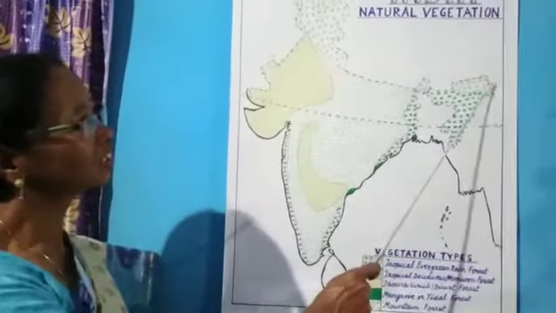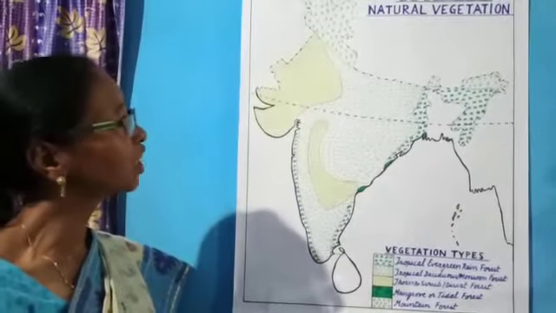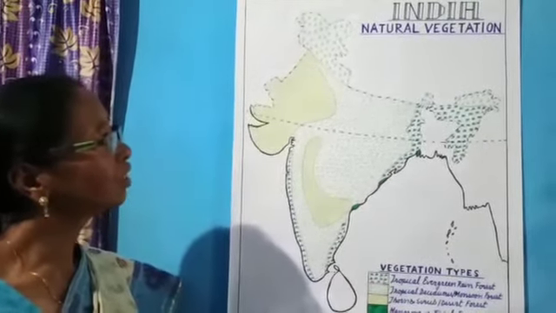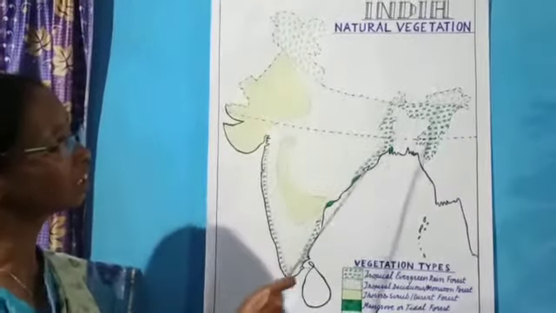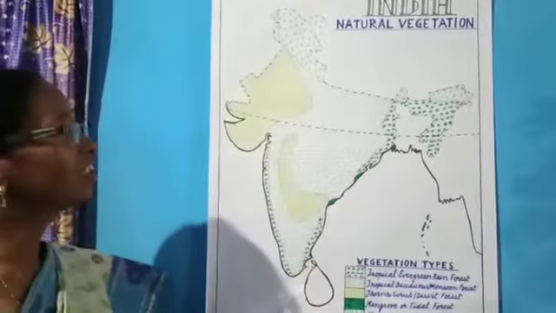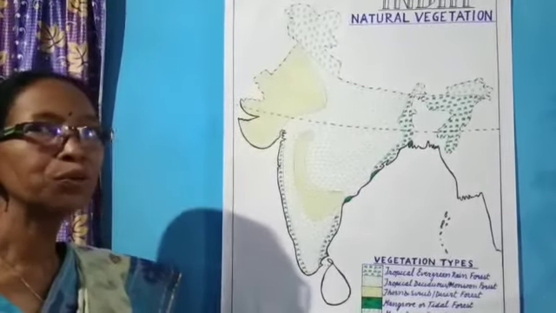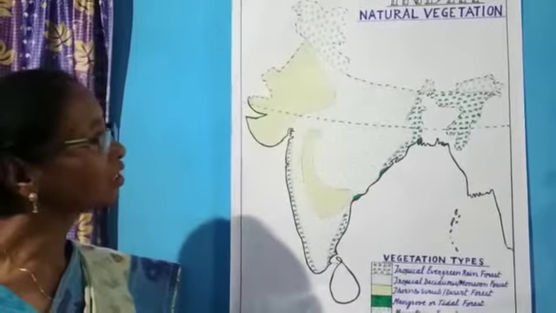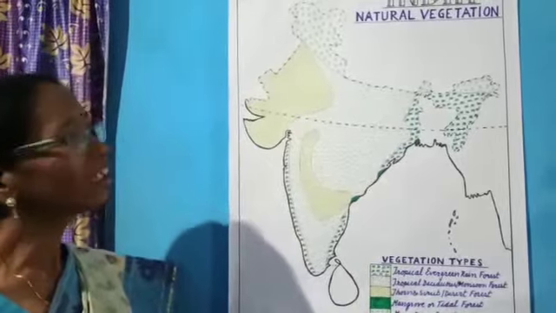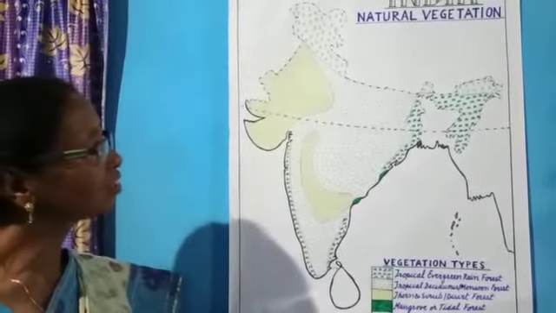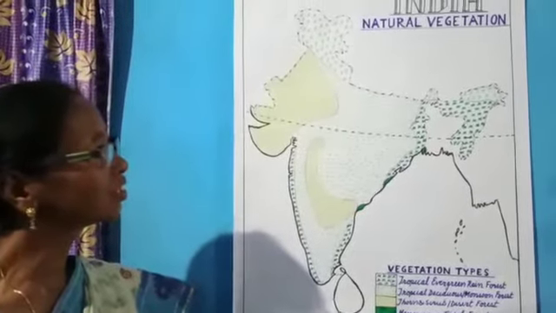In the northeast, these are evergreen trees because of very good rainfall. In the higher mountain regions, where there is an ice-capped region, it is a treeless area. Some important trees found here are silver fir, pine, and spruce, which are coniferous trees. So they are useful for various purposes.